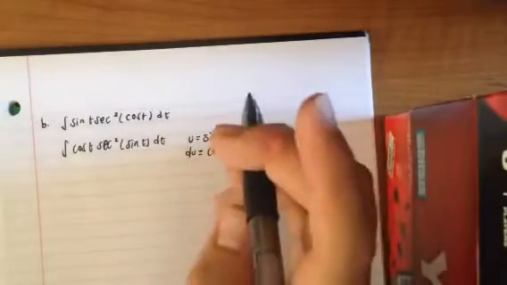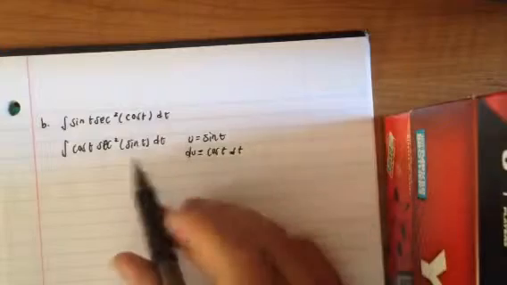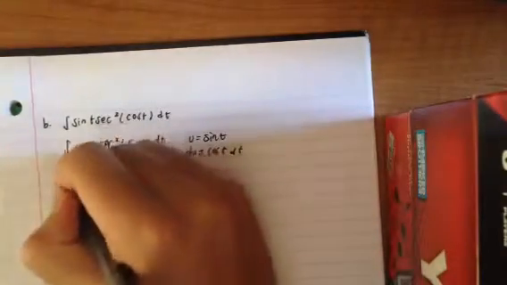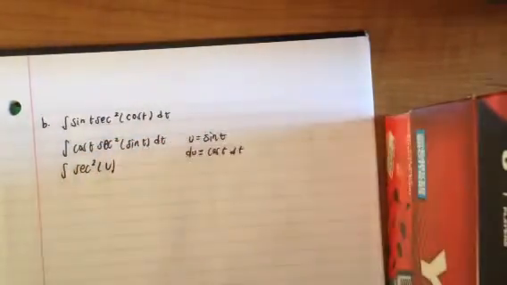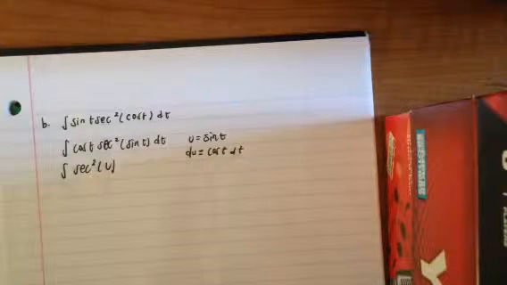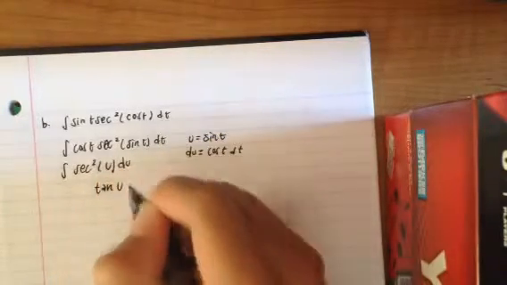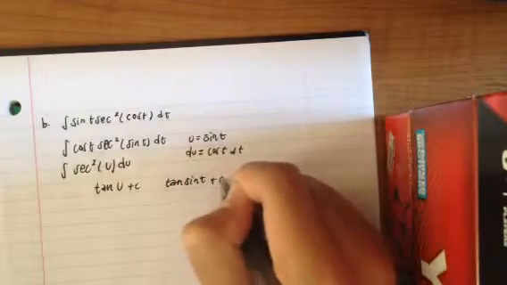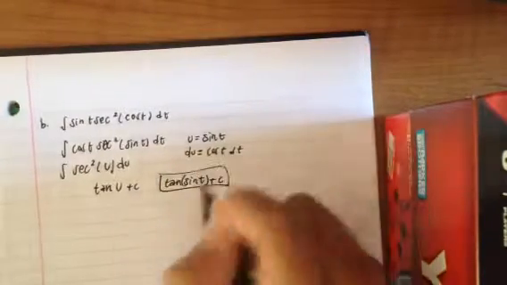I think it actually worked out better than the one up there, so that would cancel, and that would become a du. So in the end, we'd have secant squared of u du, which, taking the antiderivative of that, would just be tan of u plus c, which would then equal tan of sine t plus c. And that's our answer for B.